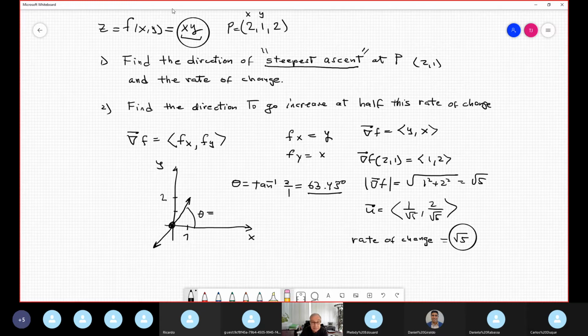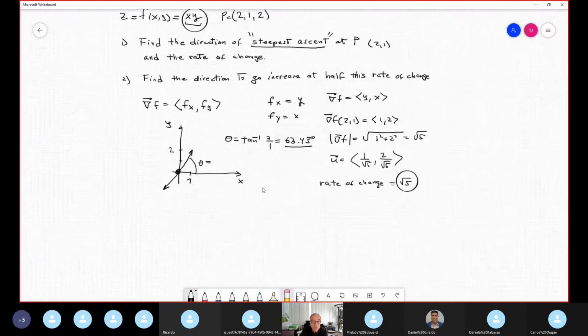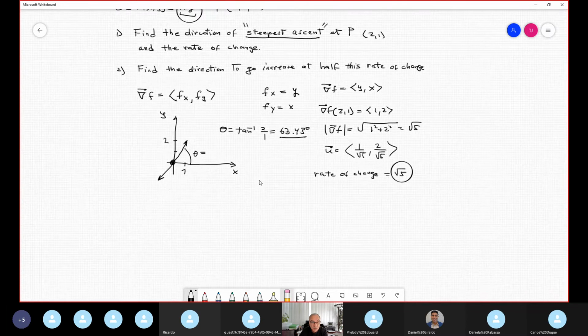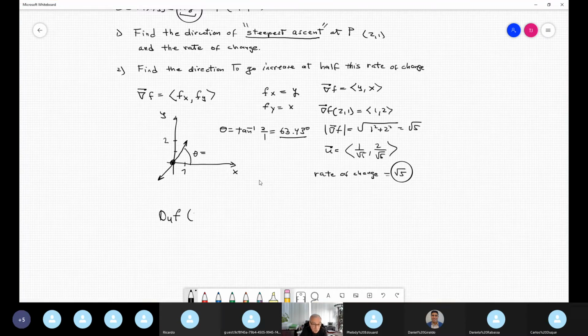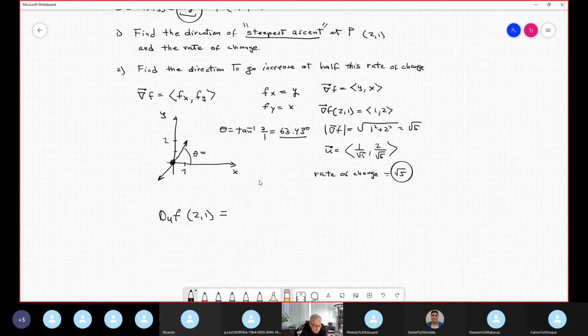descending. Okay. Let's move on to the second question. Okay, number 2, find the direction that goes increasing at half this rate of change. Okay, half is 1/2. So the information given is that the directional derivative of the function at this point, which by the way is 2,1, is a half.